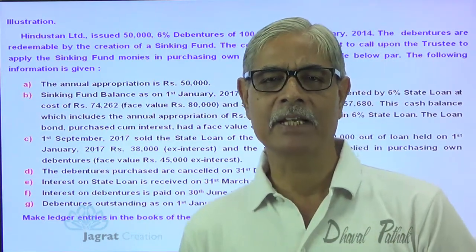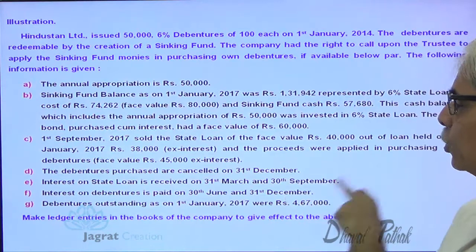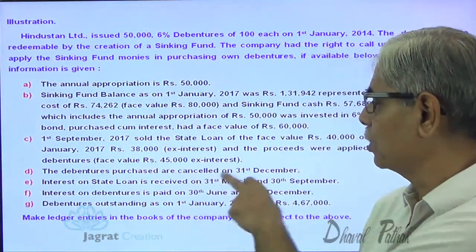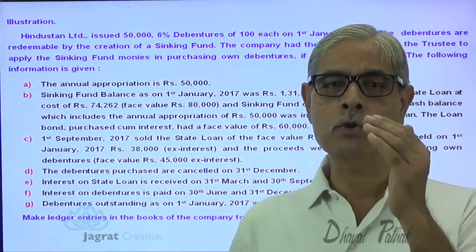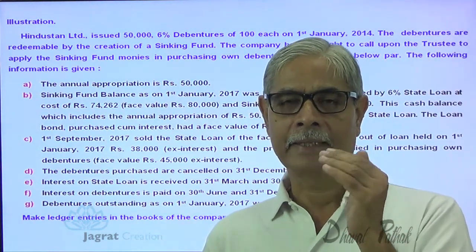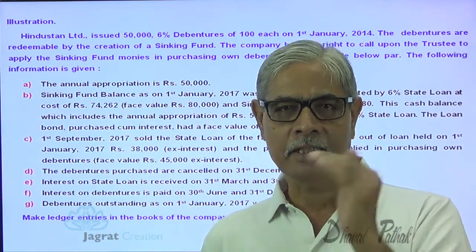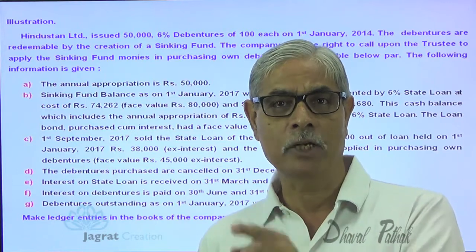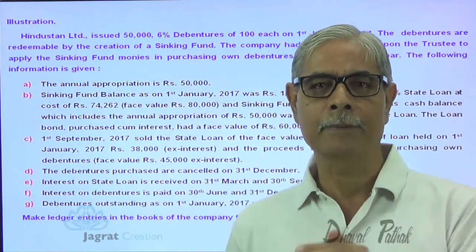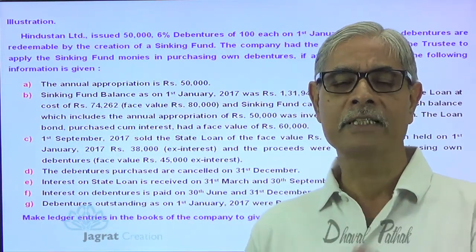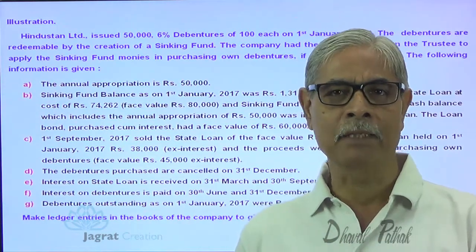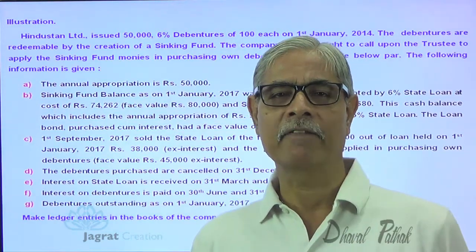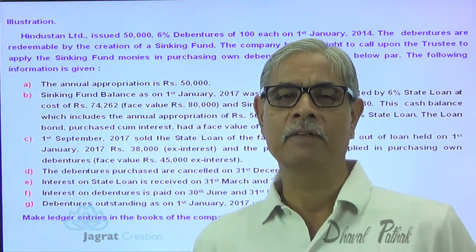On debenture liability, the interest dates are 30th June and 31st of December. On sinking fund investment, the interest dates are 31st of March and 30th September. So we should always take into consideration these dates: 31st of March, interest on sinking fund investment; 30th June, interest on debenture payable; 30th September, interest recoverable on sinking fund investment; 31st December, we are required to pay interest on debenture. So these interest dates are also required to be kept in mind while solving the sum.